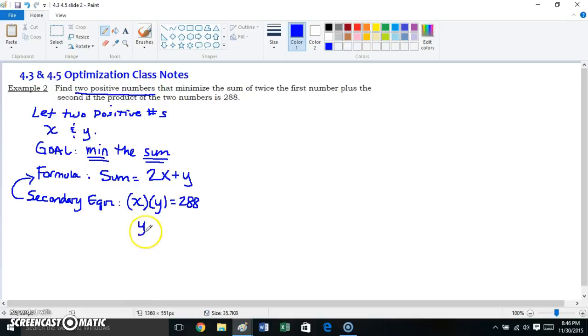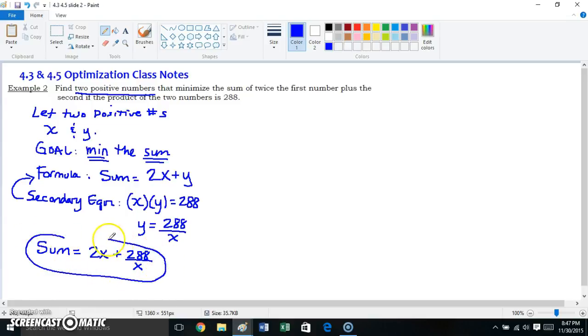So I'm going to choose to solve for y. y is equal to 288 divided by x. Therefore, my sum formula is 2x plus 288 divided by x. All right, and this is the sum that I want to minimize.